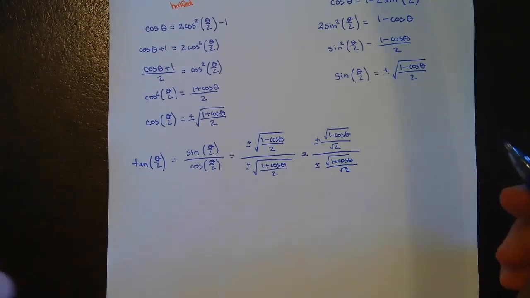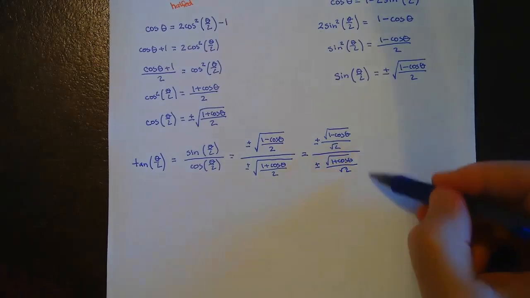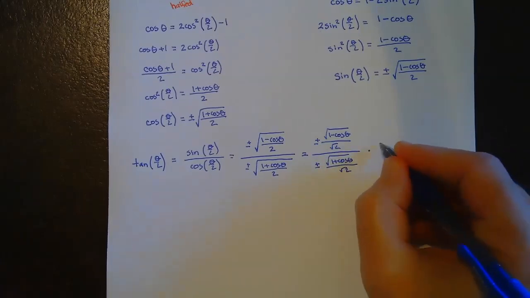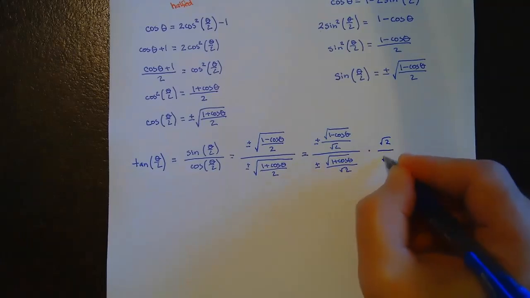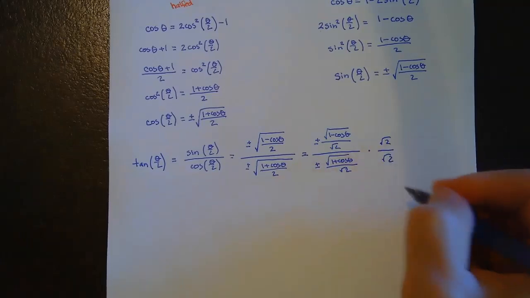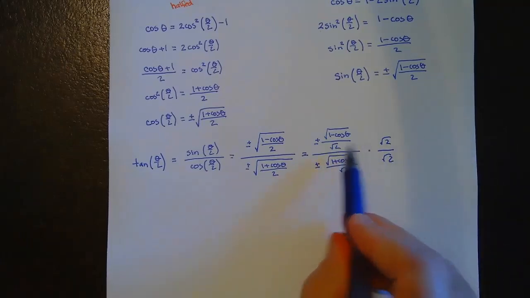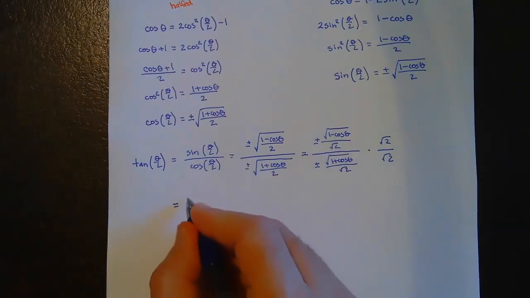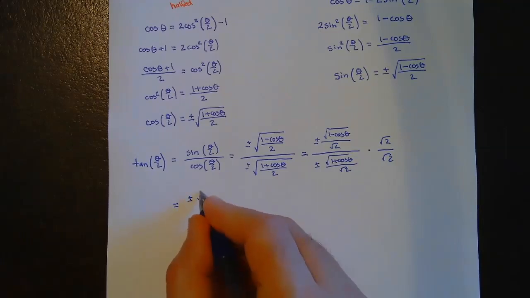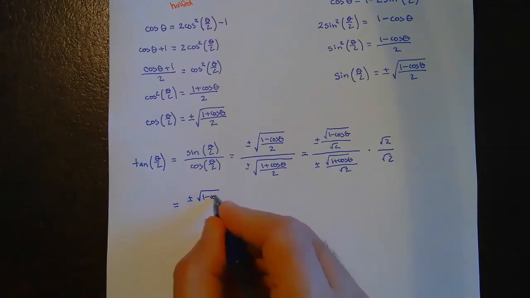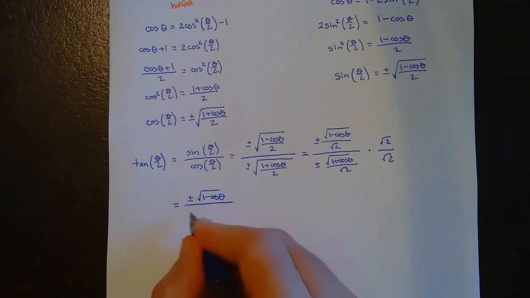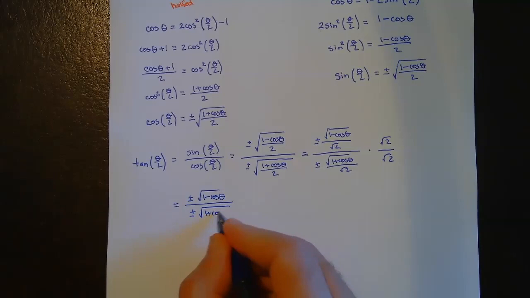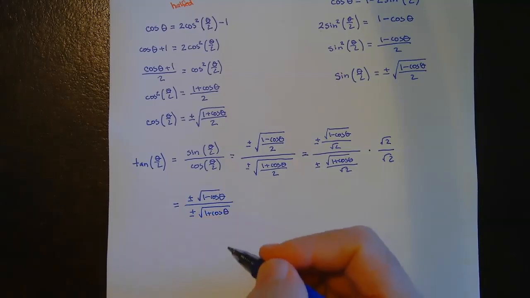But now we have a complex fraction, right? So we can multiply top and bottom by the square root of 2. So that's what I'm going to do next. The square root of 2 over the square root of 2. That's a version of 1, okay? But what that's going to leave me with is tan theta over 2 is equal to plus or minus the square root of 1 minus cosine of theta over plus or minus the square root of 1 plus cosine of theta, okay?